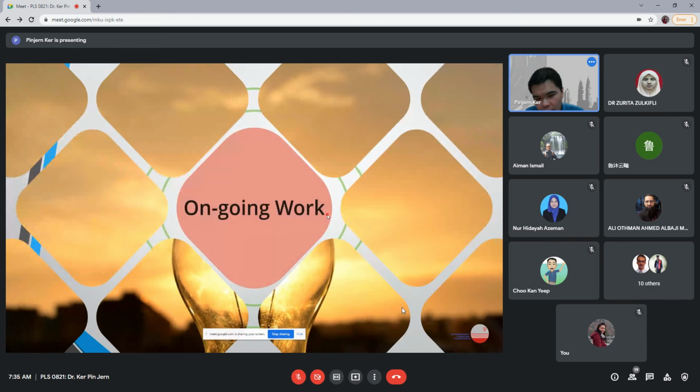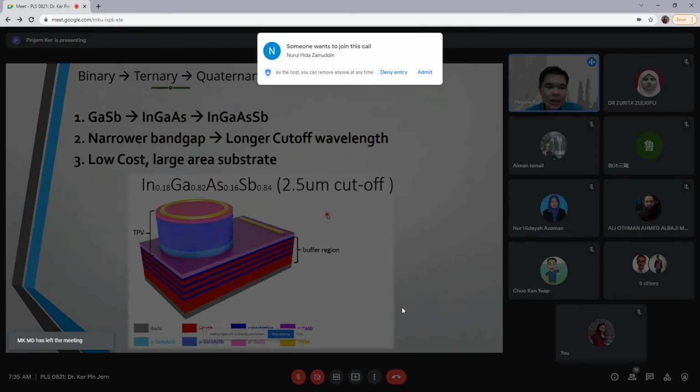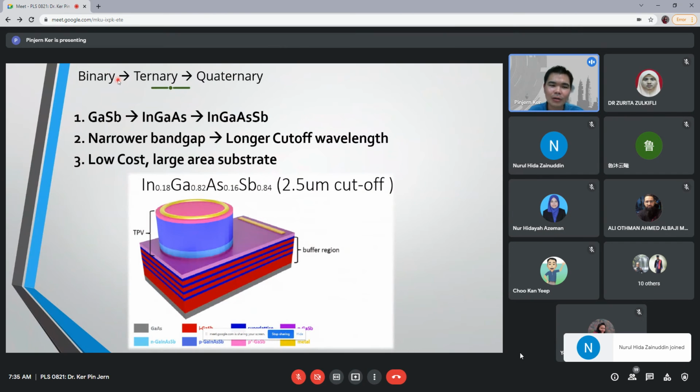So those are completed work, and what are the ongoing work that we are currently doing? Initially we were looking at a binary product, only two elements, gallium antimonide, and that was the first commercialized TPV cell, I would say.